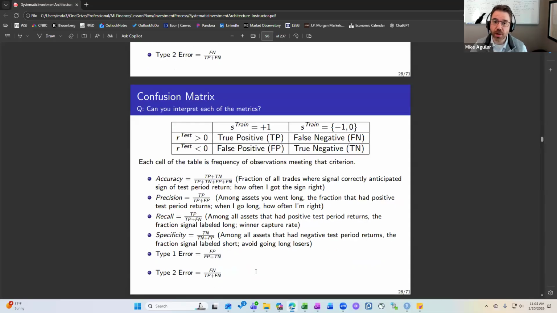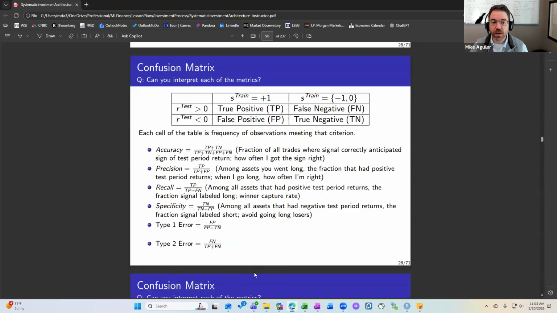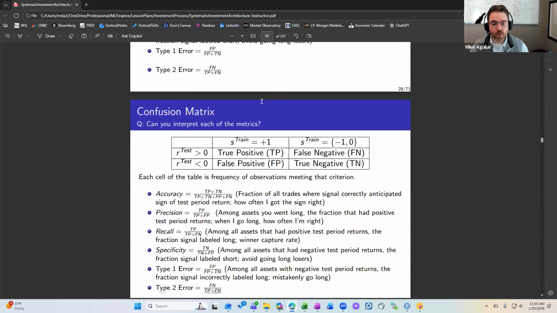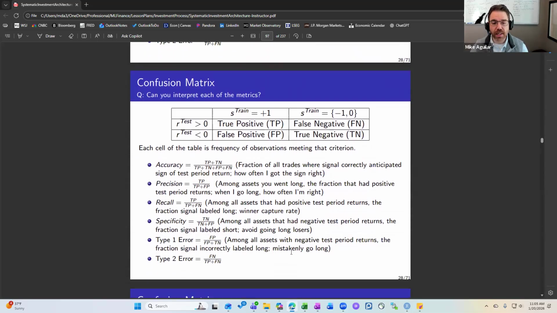Type 1 error, type 2 error should sound familiar. That's like from hypothesis testing. False positive is again that situation where I bet on long, but I lost money. So how often did I mistakenly go long? Out of all the times when I shouldn't have gone long, right?